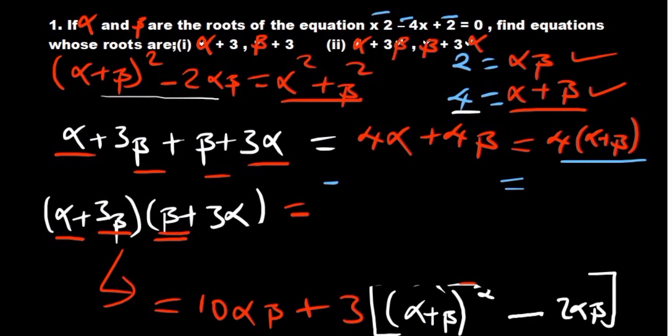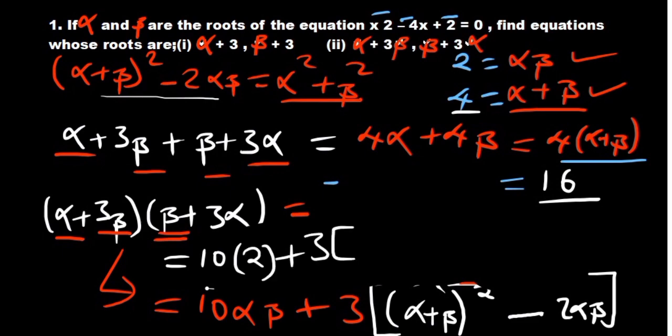So 4 by 4 is a 16 there. Then this other part down, what do we have? 10 multiplied by alpha beta. Our alpha beta in this case is a 2. So we plug in a 2 there plus 3. Then in brackets, what do we have? We have the summation of alpha and beta, which is what? Which is a 4.